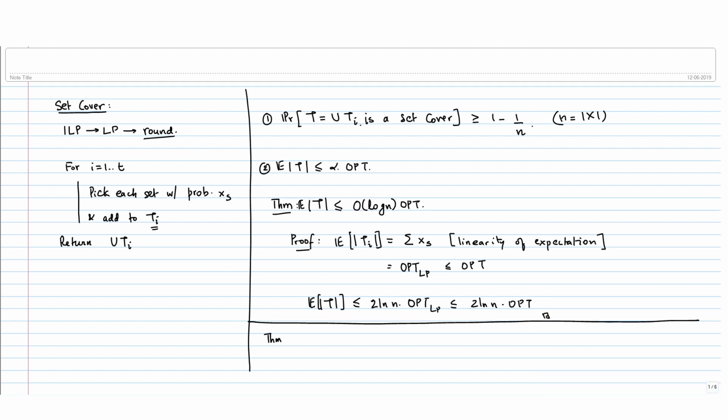So the theorem: I think Feige, around late 90s, early 2000s, could prove that better than a C log n approximation for set cover would imply P not equals NP.